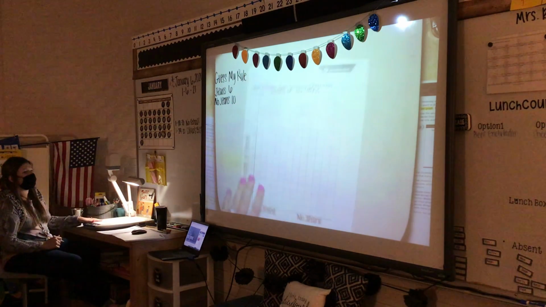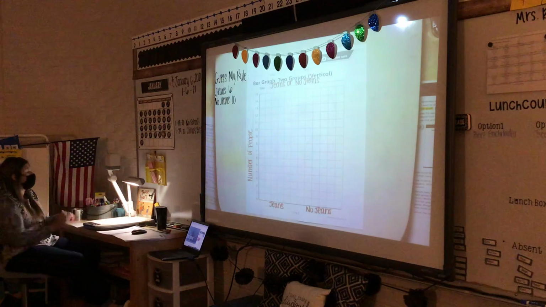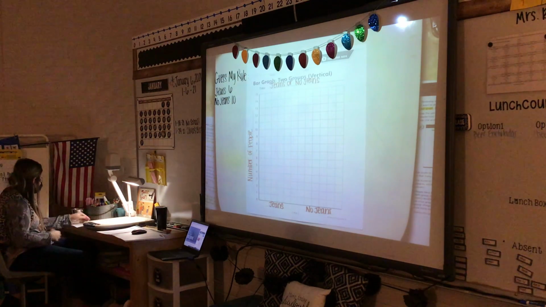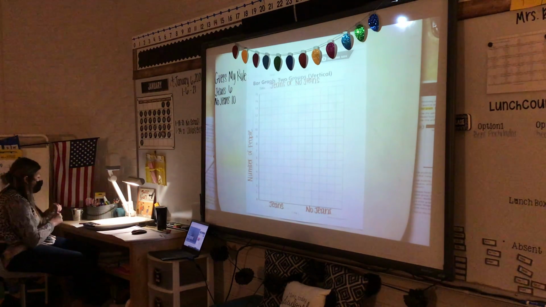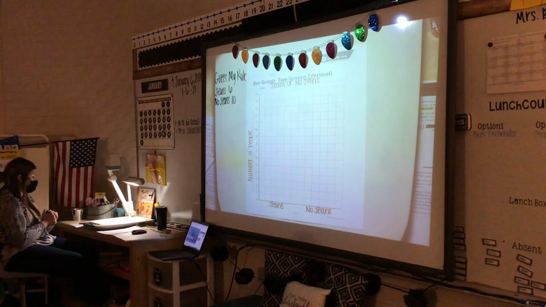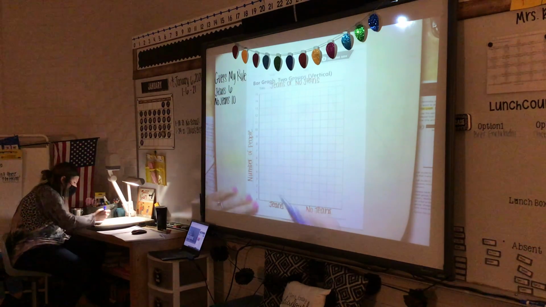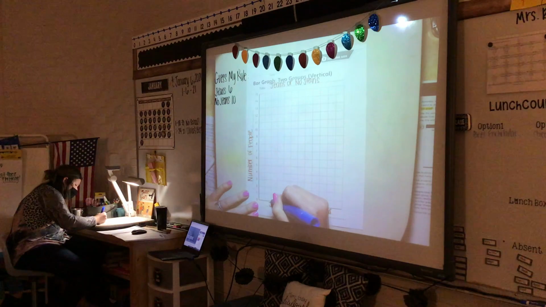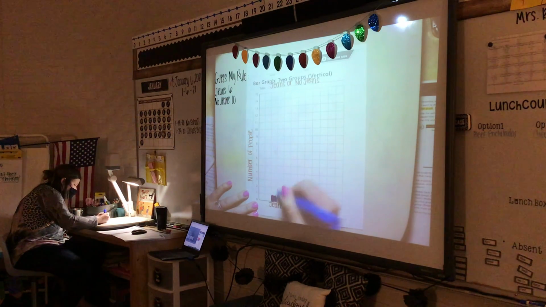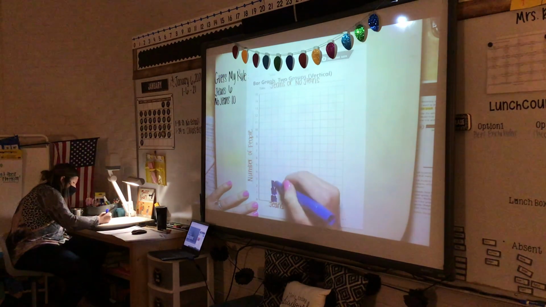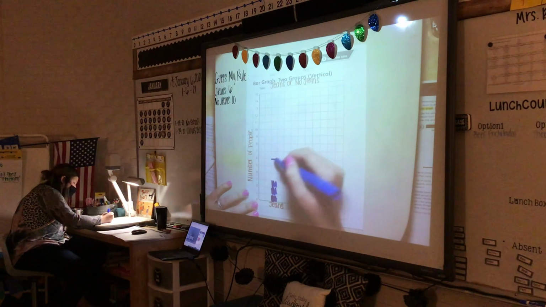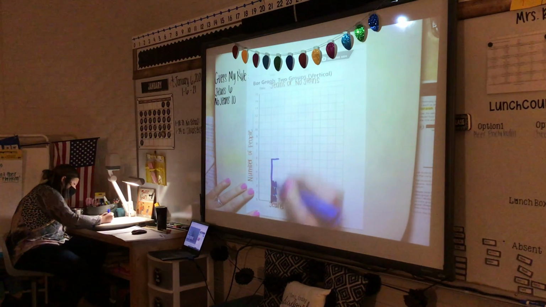So now to make the actual bar, we had jeans. How many people were wearing jeans? 6 people. So where am I going to color my bar up to? The 6. Okay. So I'm going to use one section and I'm going to color up to the 6. And bar lines are connected all the way, so this is going to be my bar.